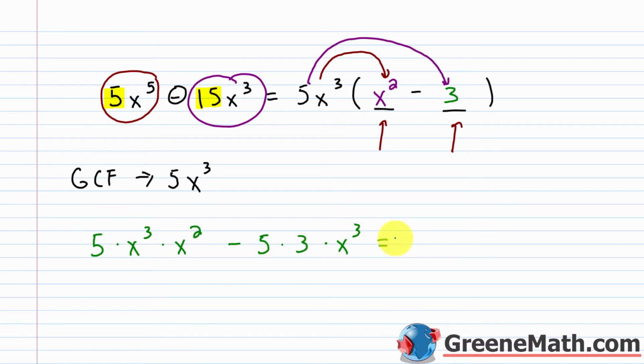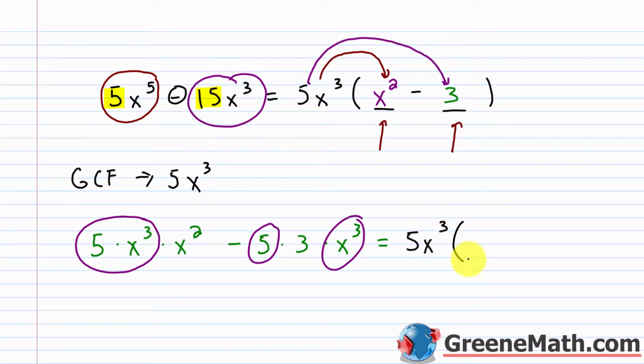Now, if I'm going to pull out a 5x cubed, so let me use a different color here, I've got to circle it here and here, you just look at what would be left. So if I write a 5x cubed here, what would go in the space in each case is what's left. So you'd have an x squared there, and then you've got your minus, and what's left over here? Well, just a 3.